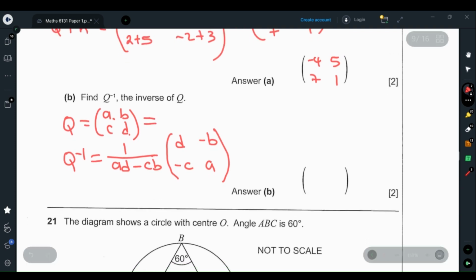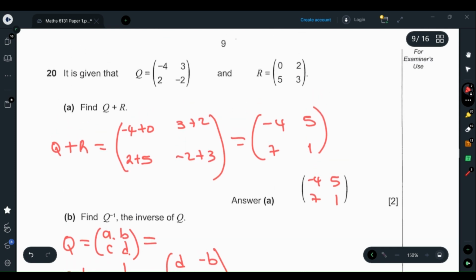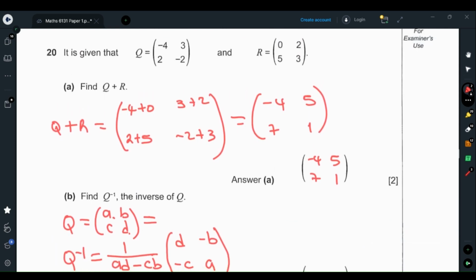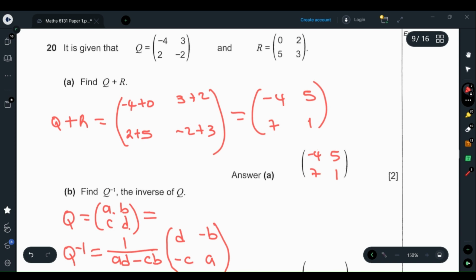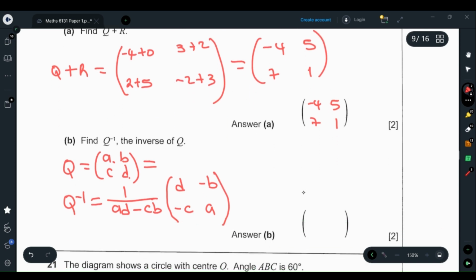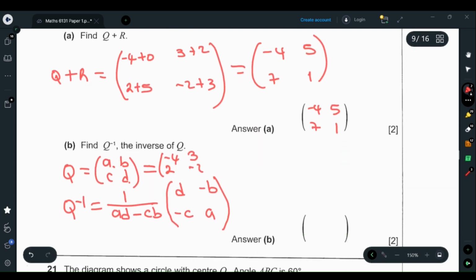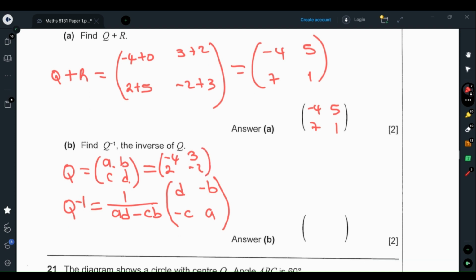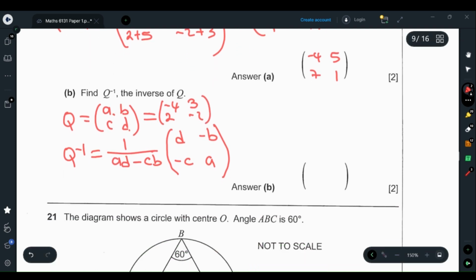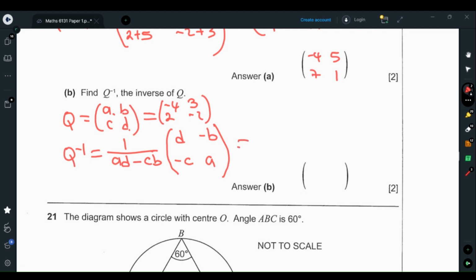So in this case, what are A, B and C? Our elements are minus 4, 3, 2 and minus 2. Okay, so just go ahead and place the values.